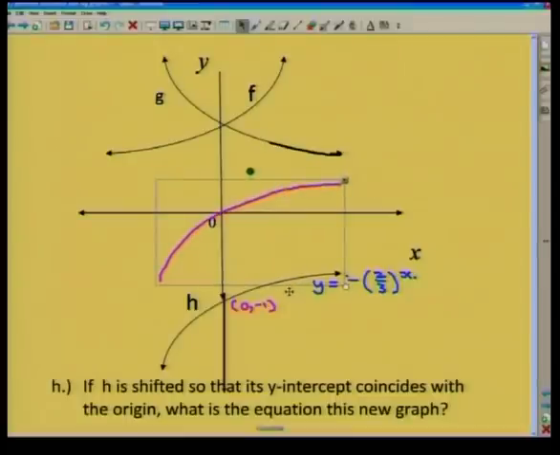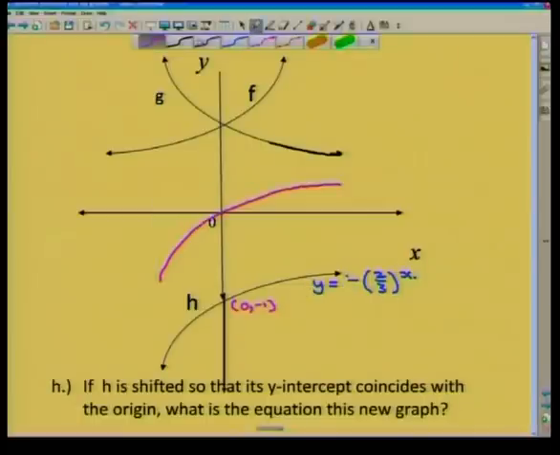What has actually happened to move this black to this pink? I've shifted my graph of h 1 unit up. Now how do I get this to move up 1 unit? Well, it's relatively straightforward. It's a vertical shift, so it's y equals negative 2/3 to the x plus 1.